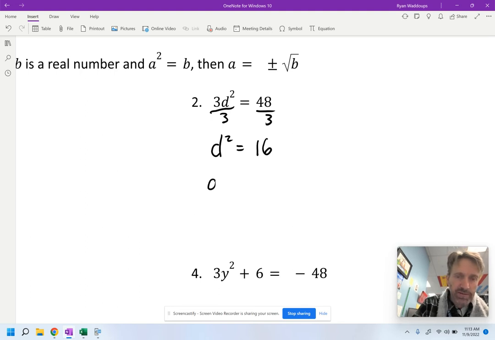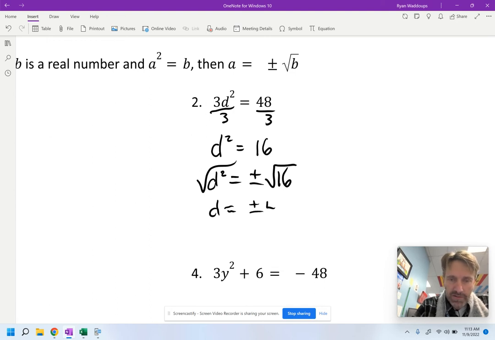Now I can take the square root of both sides. D equals plus or minus the square root of 16. D then is equal to plus or minus 4, which we can write as -4 or +4.